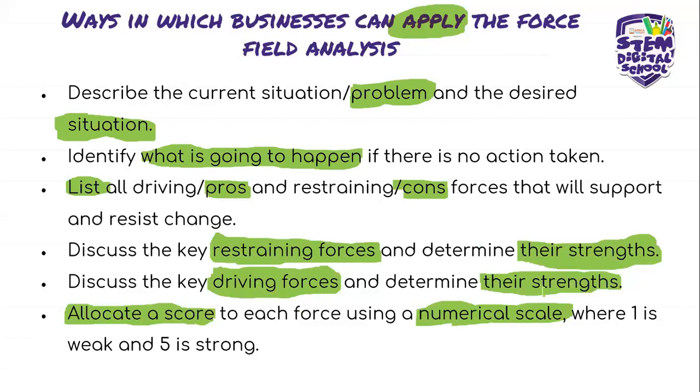And their strength, right? Now you have to score each force. So let's start from the restraining force. Remember, you used to go to the gym, you used to go see your girlfriend, you used to go play tennis, you used to play TV games, you used to do whatever things that are not school related.